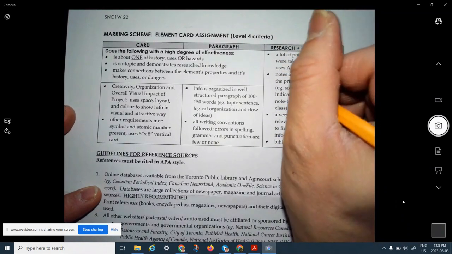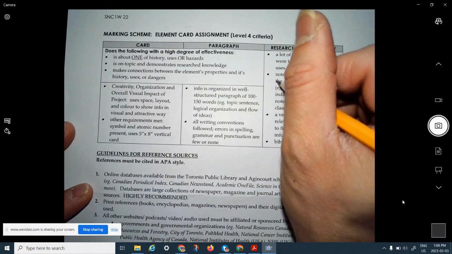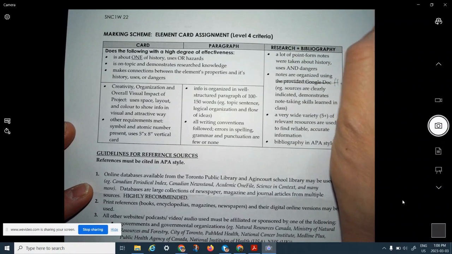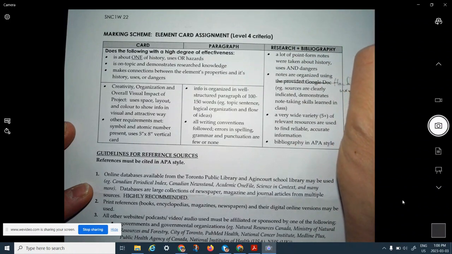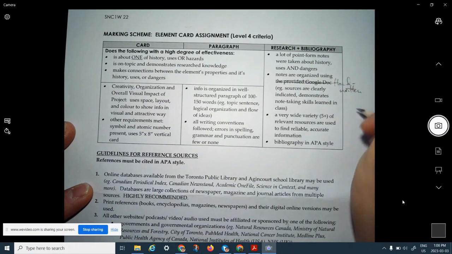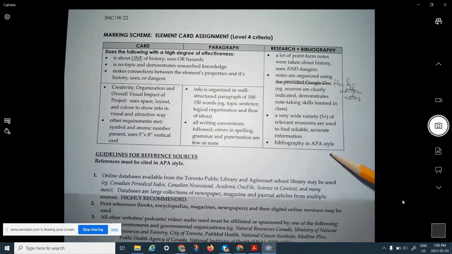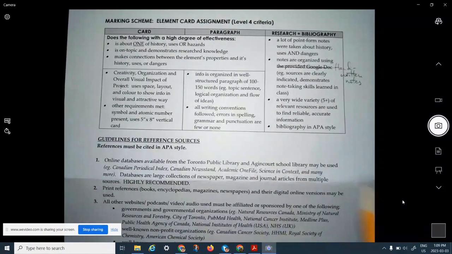Okay, I'm going to cross out here, organize, handwritten notes. Now your final bibliography will be in APA format.